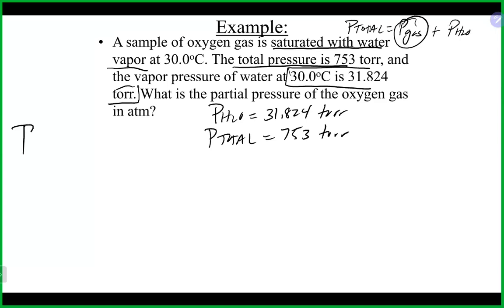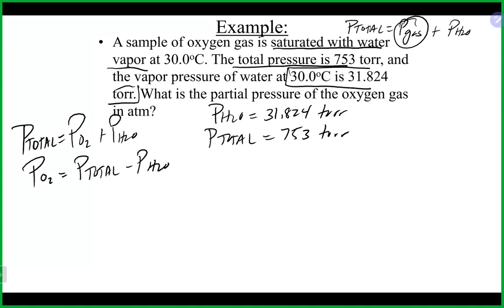So in this case, our total pressure will equal the partial pressure of oxygen plus the partial pressure of the water vapor. That means the partial pressure of oxygen should be our total pressure minus the vapor pressure of water. And again, we're just going to subtract that to the other side in this particular case.